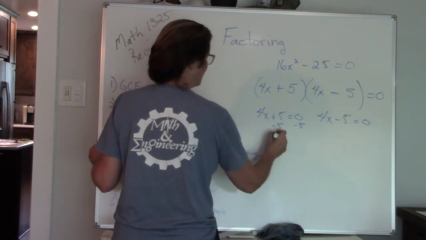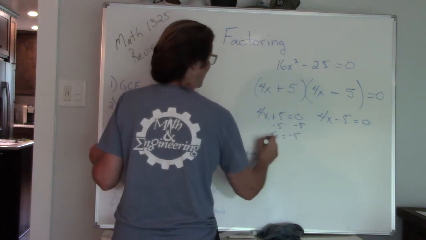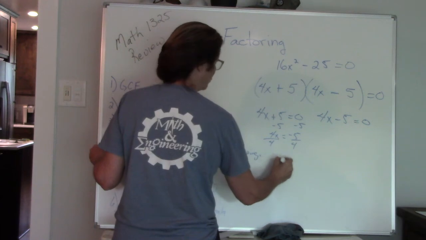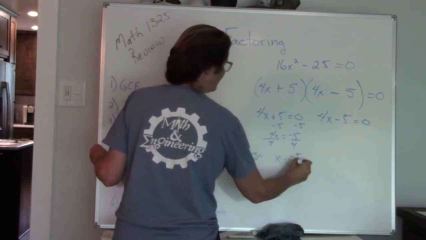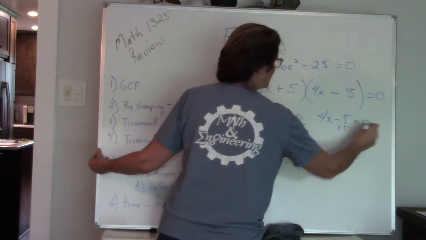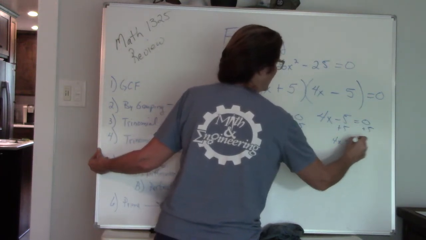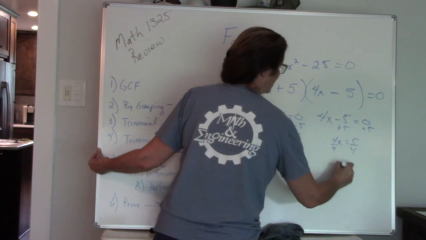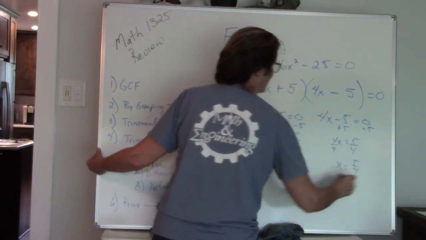So I'm going to subtract 5 from both sides and divide by 4. So again, your algebra skills have to be on point. Here I'm going to add 5 to both sides and divide by 4. Okay?